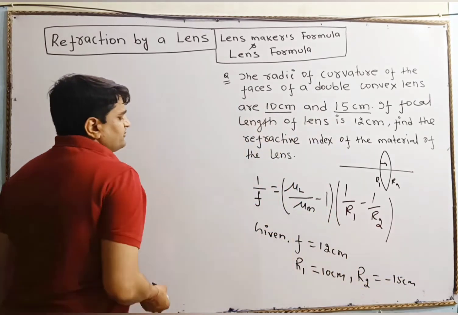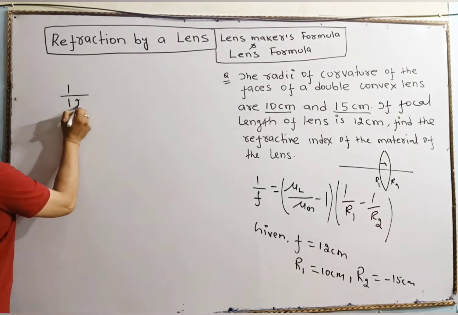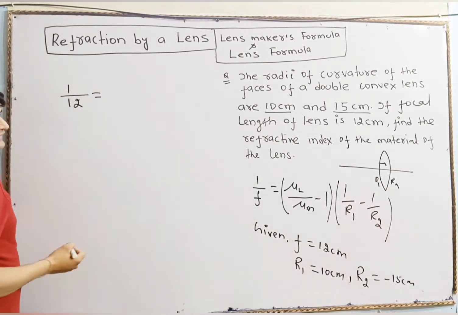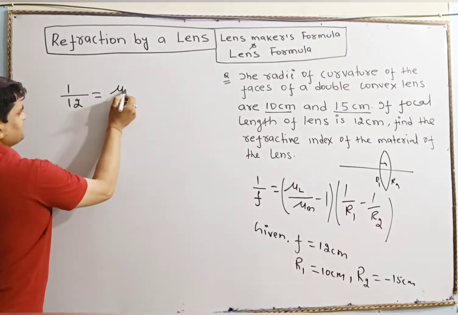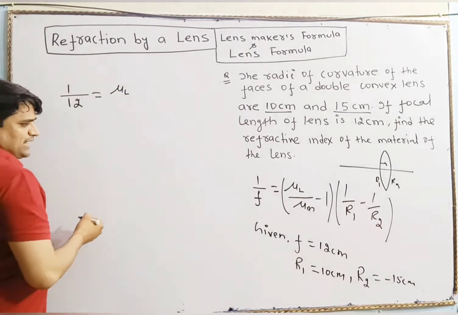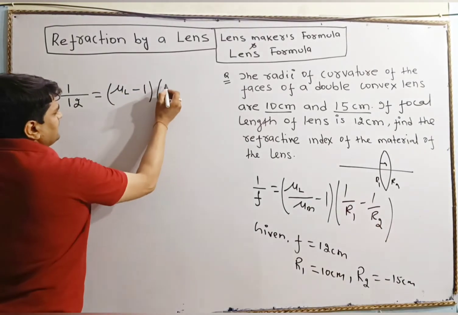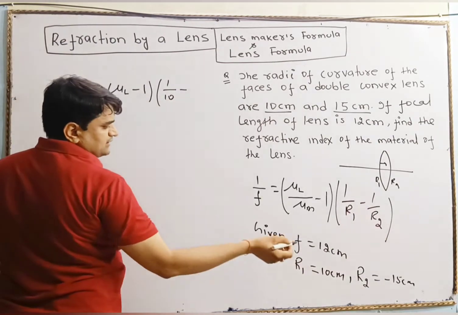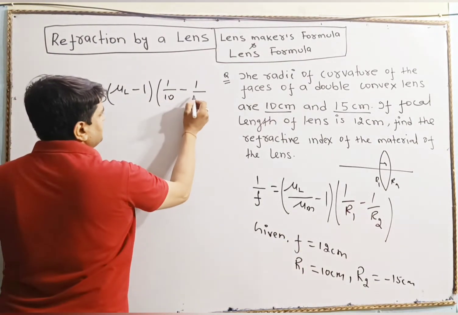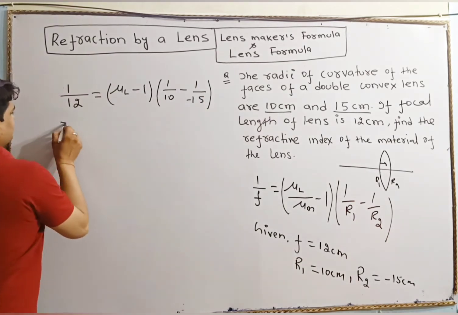Okay. Now apply the formula: 1 upon f, that means 1 upon 12, and the refractive index is not known to you, so it will be (mu L minus 1) and it will be (1 upon 10 minus (minus 1 upon 15)). Okay, it becomes positive.